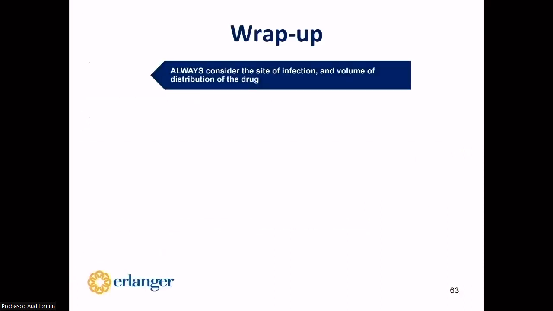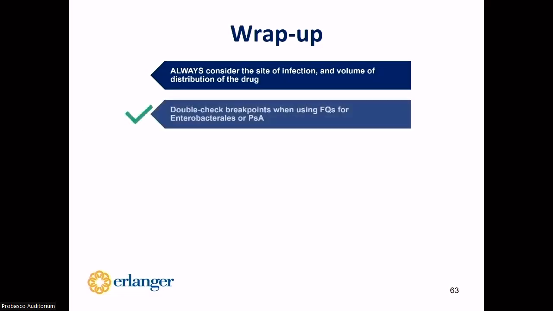All right, so wrapping things up, we always want to consider the site of infection and volume of distribution of the drug we're using. We want to double check breakpoints when using fluoroquinolones for Enterobacterales or Pseudomonas. I have a green check mark here because our susceptibility panels are updated to reflect these breakpoint changes, so no worries there.